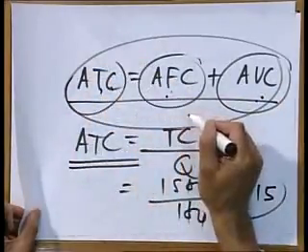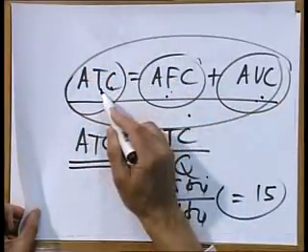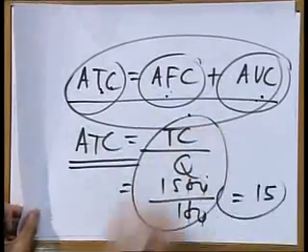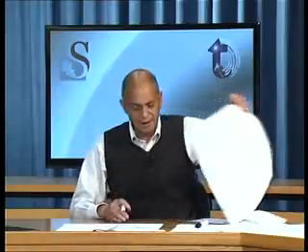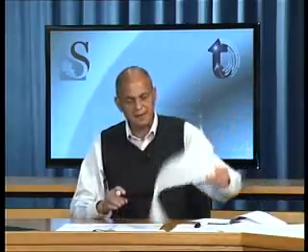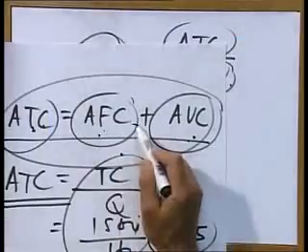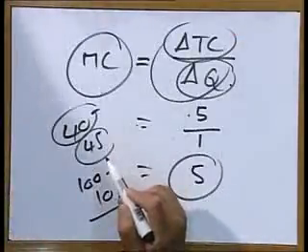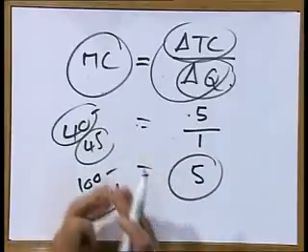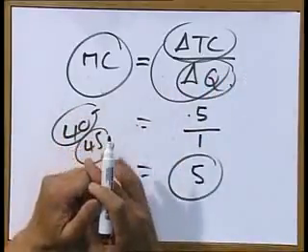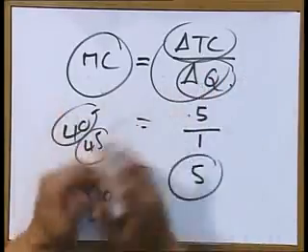So this is an alternative way of calculating ATC, but normally we use this formula. In terms of marginal cost, this is the formula that you need to use. There's no alternative here, just to compare the two.